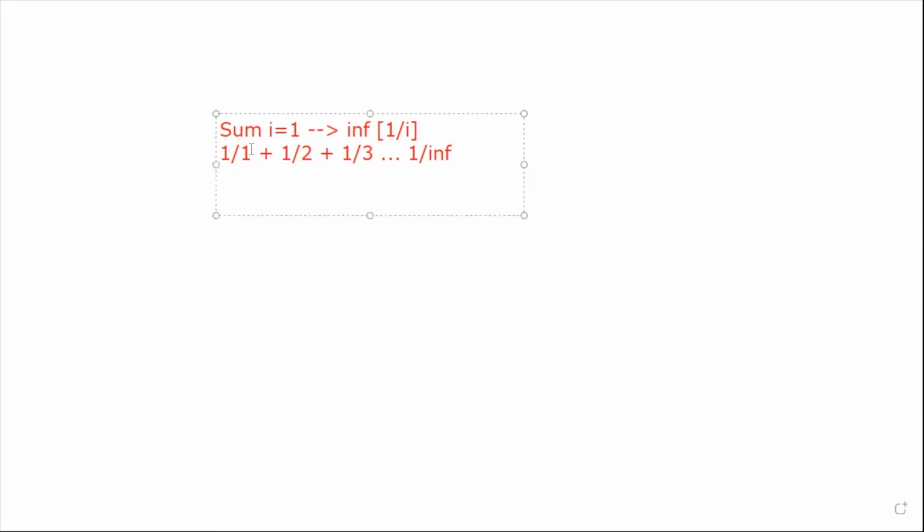Basically, what we're going to do is turn the sum into an integral. So now we're going to take the integral from 1 to infinity of 1 over x with respect to dx.